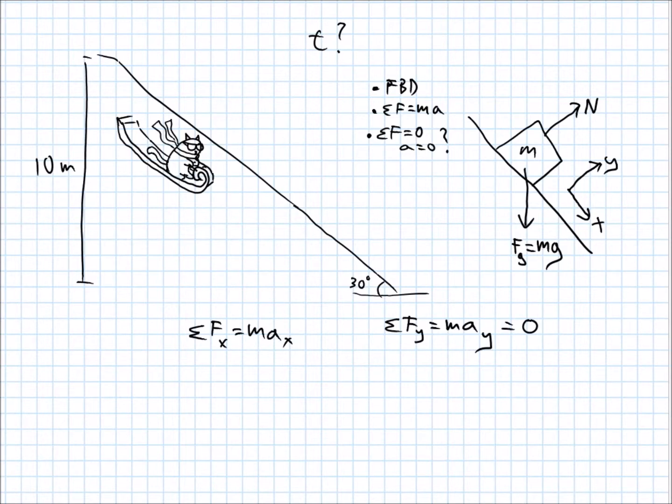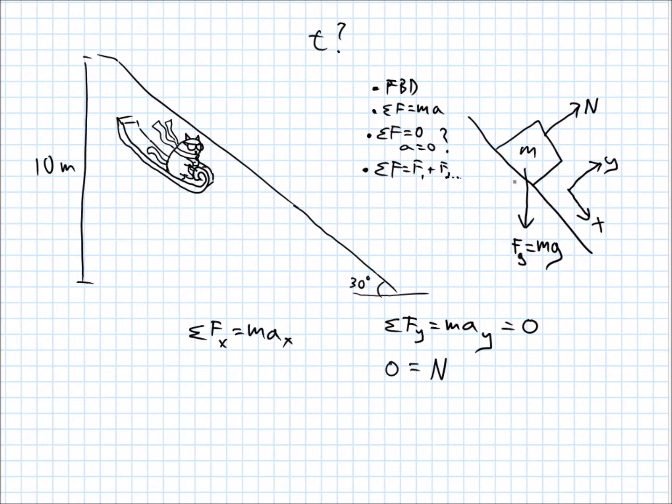All right. Now we have to actually list out those forces. In our case, we've got normal force and gravity. Let's check out the y direction first. We left off with 0 is equal to, okay, we've got N in the positive y direction, but then gravity isn't pointing in the x or the y direction, and that's troublesome because we have to get all the forces into our equations.